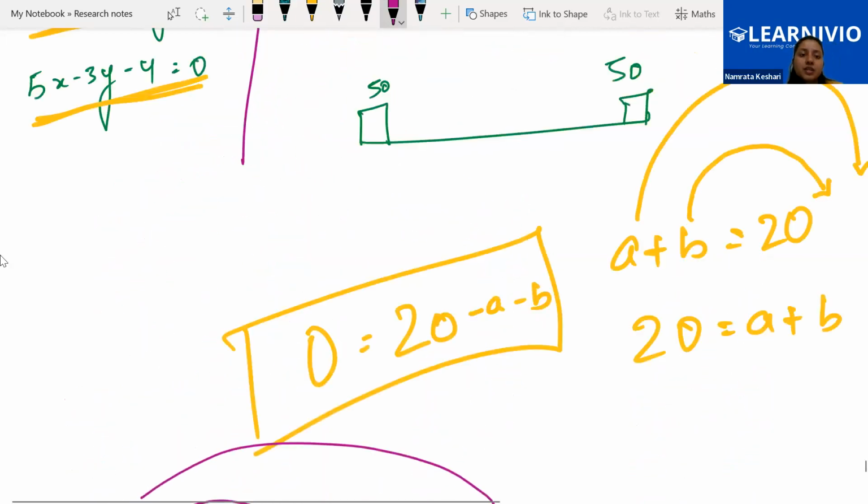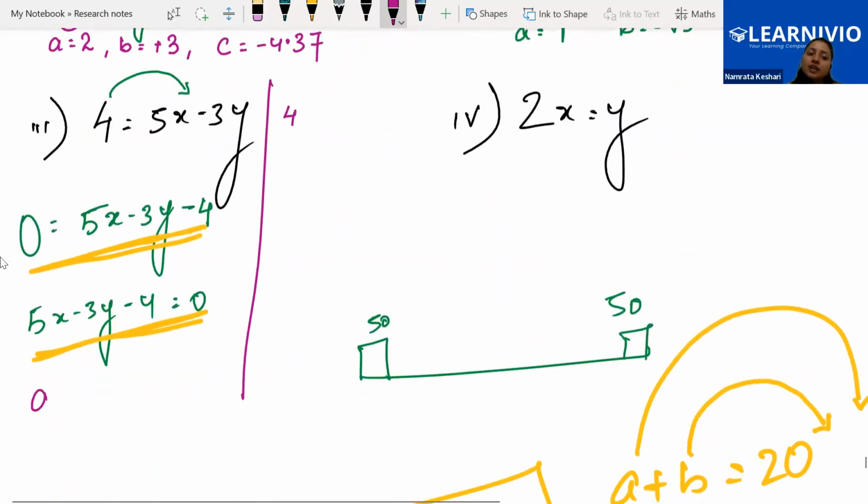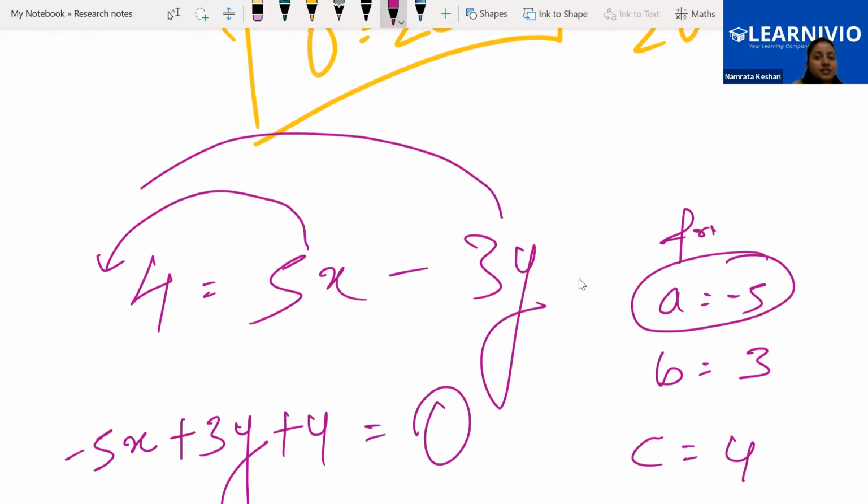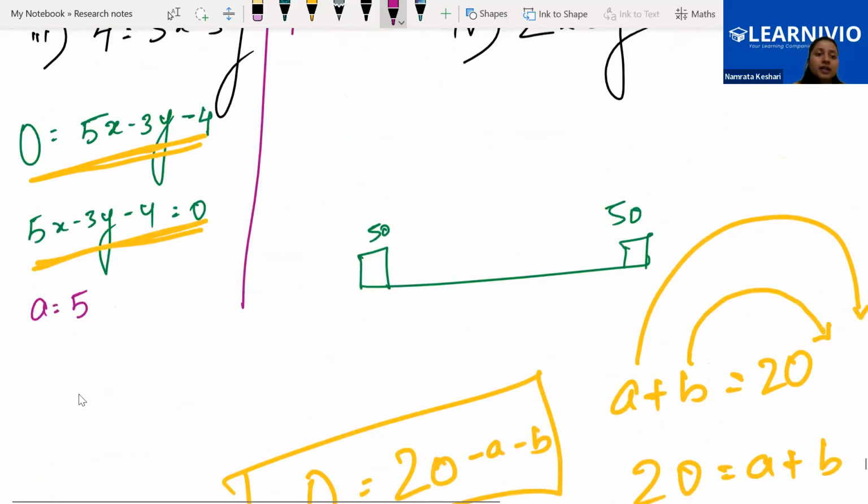What about the previous case? Here your a will be plus 5, b will be minus 3, and c minus 4. If your friend is writing this answer, I will give it correct, and if you are going to write this answer, I will give it correct, because both are conceptually correct. Getting it? Yes, ma'am.